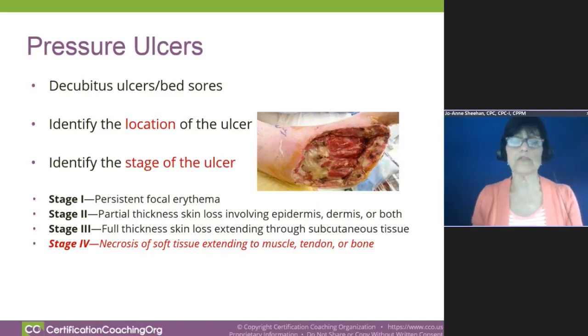But this is an example of the worst possible case of a pressure ulcer. This was an example that I found from a medical book, and I cannot even identify what part of the body it is. I'm assuming it's the foot, but I don't even know. But it's a legitimate picture.